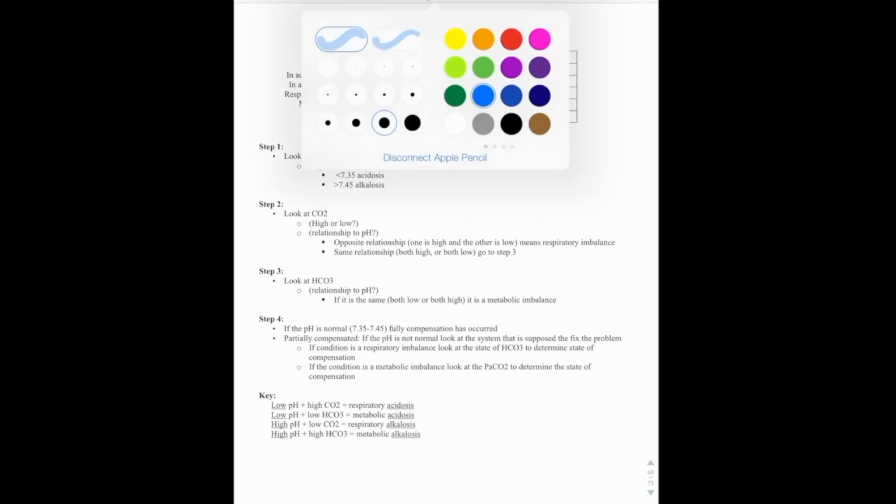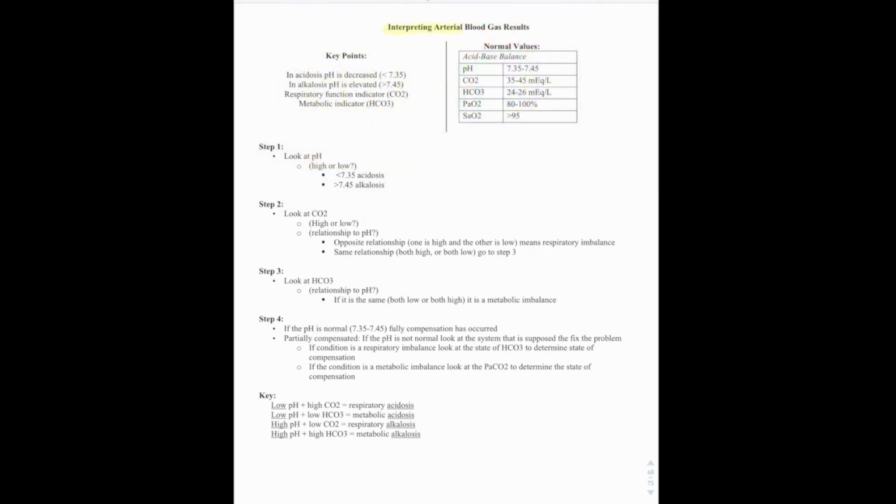All right. Now let's talk about interpreting arterial blood gas results. So key points. In acidosis, the pH is decreased, less than 7.35. In alkalosis, the pH is elevated, greater than 7.45. Respiratory function indicator is the CO2, and a metabolic indicator is the HCO3.